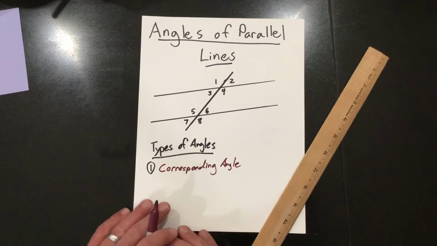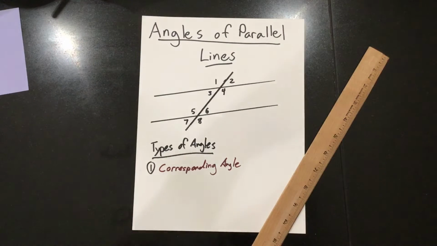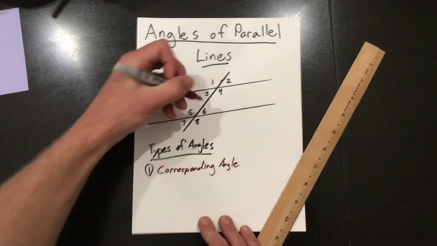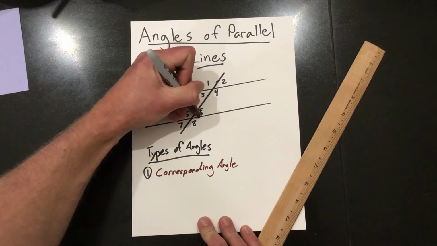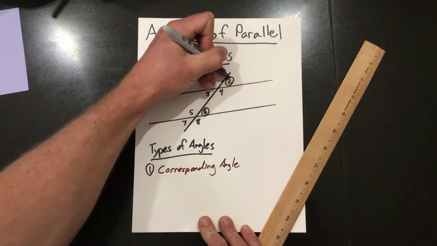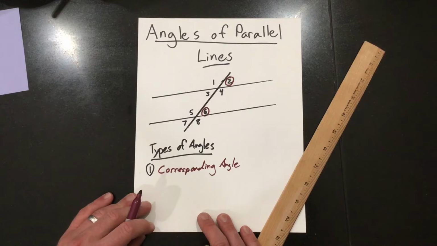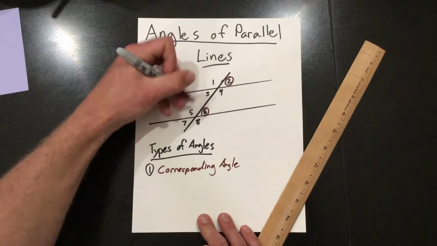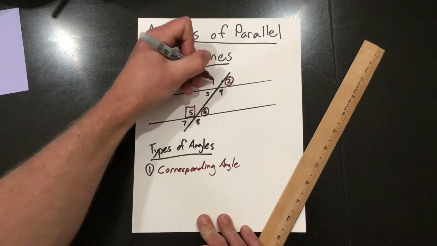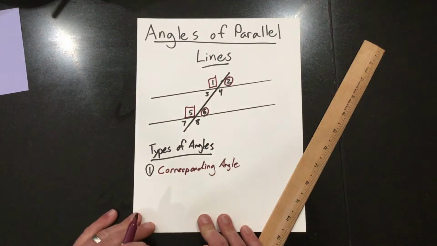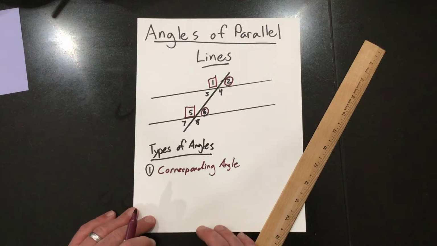Corresponding means it matches the same position. So, for example, 6 and 2 are corresponding angles because they are both in the top right-hand corner. In the top left-hand corner, you have angle 5 and angle 1. Those are also corresponding angles.